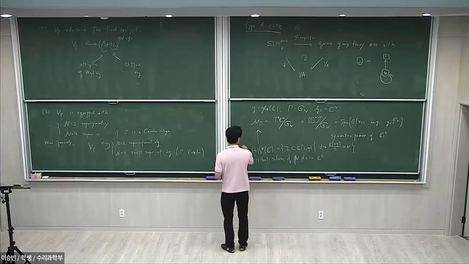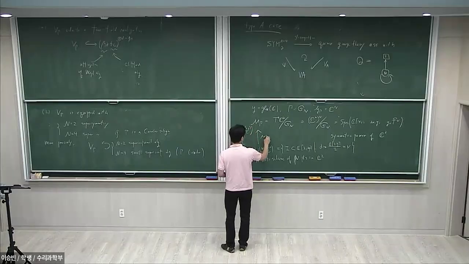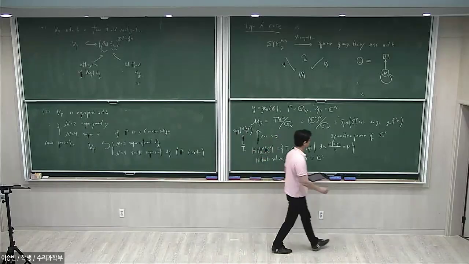And the map is a resolution, and this is a smooth variety.